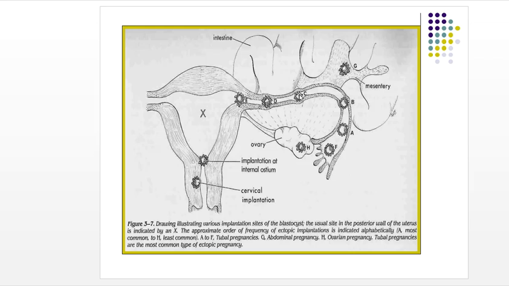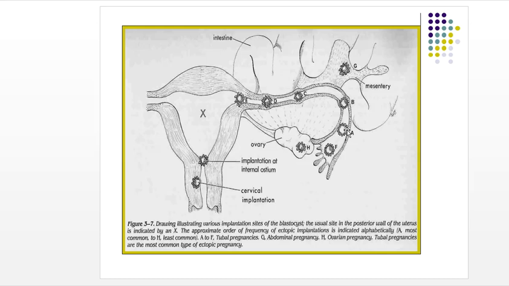But the most important site for implantation is the ampullary region of the uterine tubes, the site where fertilization normally happens. The embryo cannot move toward the uterine cavity and remains in this area.